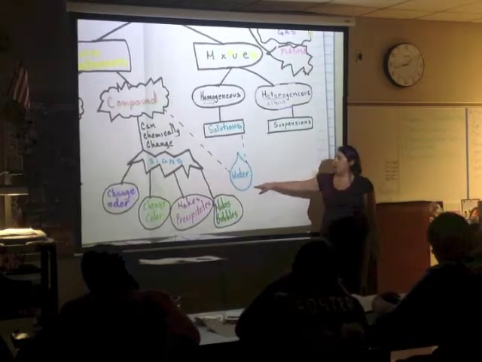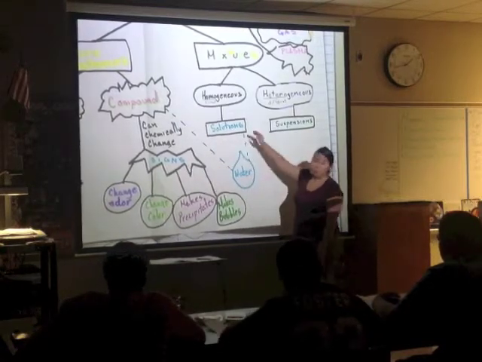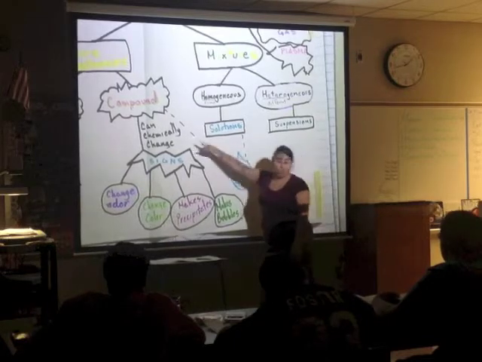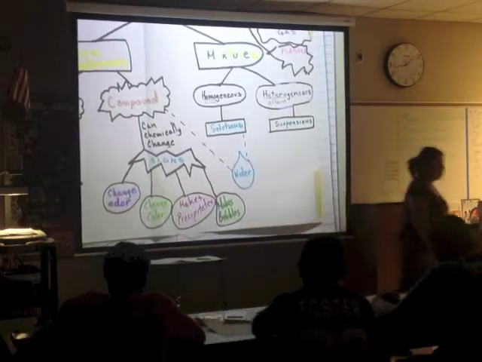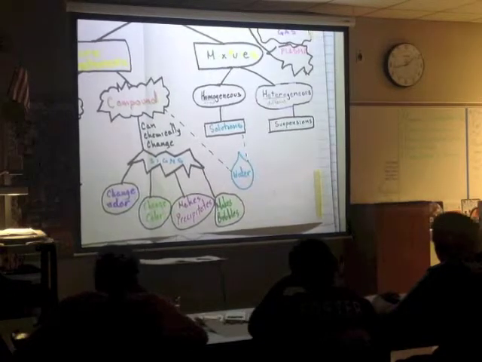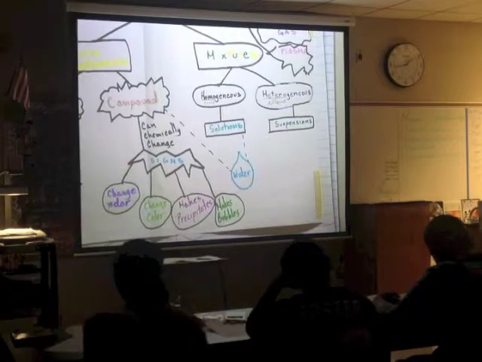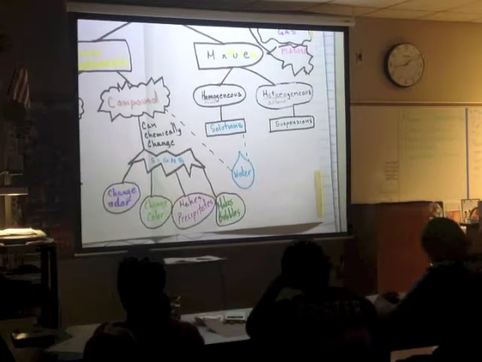Alright, so how can water be both a solution and a compound? Both something I can separate easily and something I cannot separate easily. How is it possible that water can be classified as both a compound and a solution at the same time? Think about it.